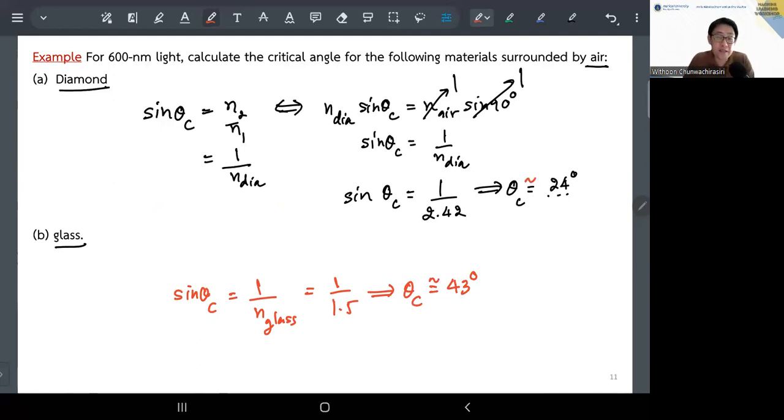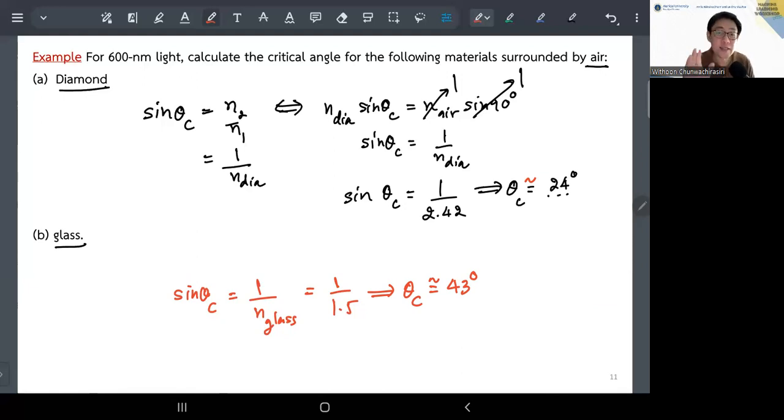All right, but my point is this. Do you notice something from this result? What do you think? This is the reason why the diamond is sparkling. Got that one?